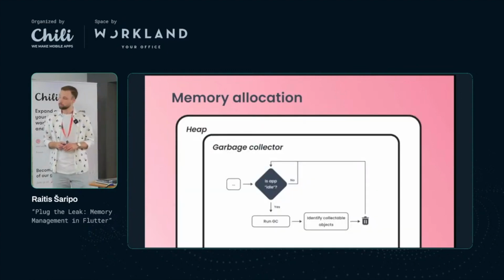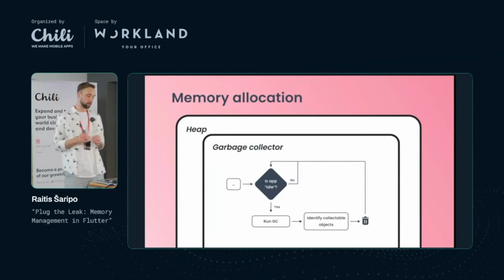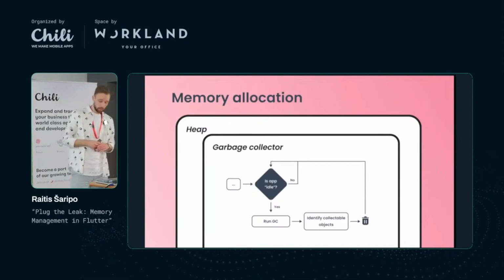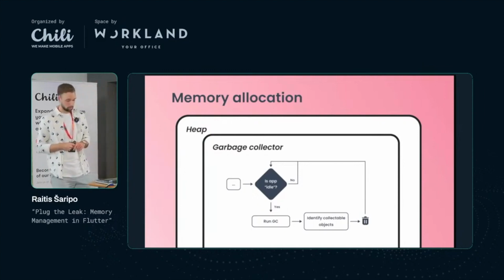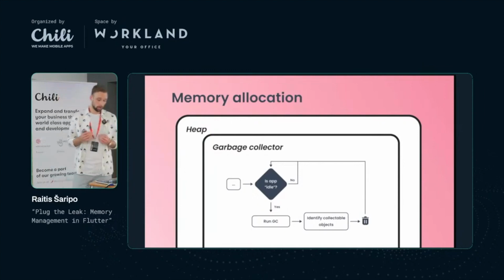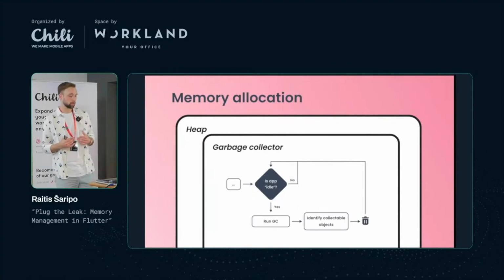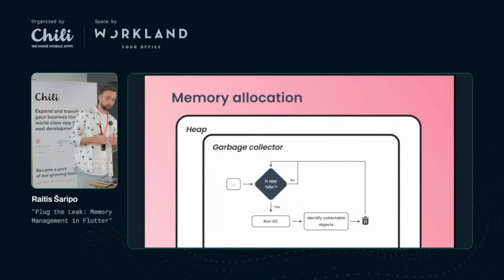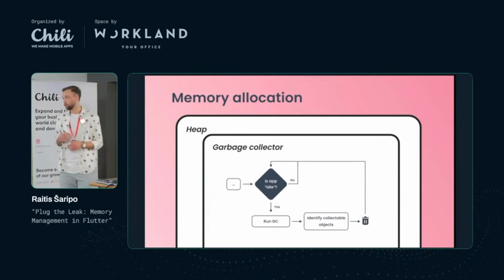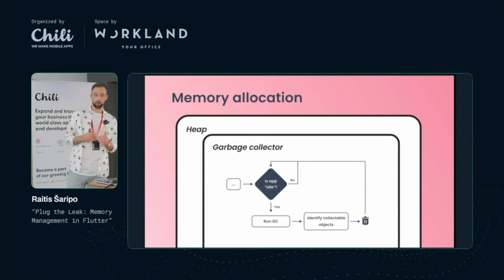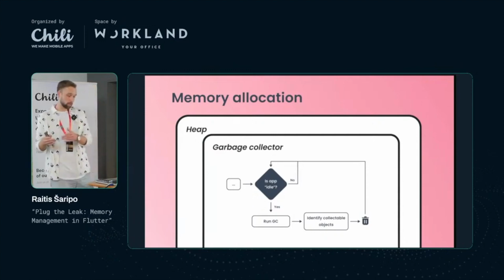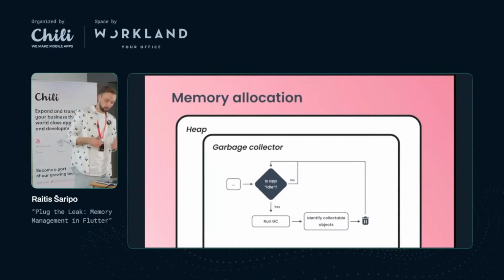Okay, so dynamically allocated memory is stored in Dart's heap. It's operated by the operating system, which means that its size is limited to the size of virtual memory. And whenever memory overflow happens within the heap, a memory leak occurs.